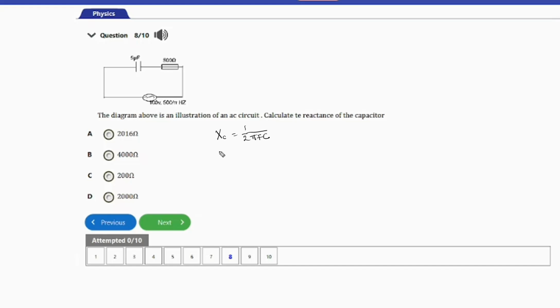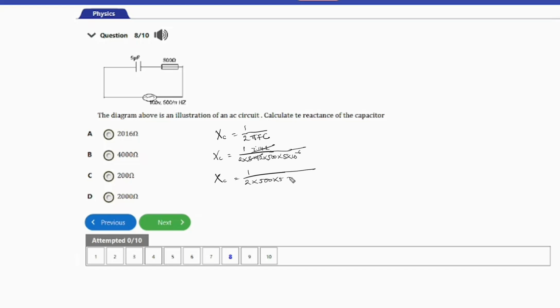So here, if we input the values for all the variables here, XC is equal to 1 over 2 times pi times the frequency, which is actually 500 over pi, then times the capacitance here, which is 5 microfarads.